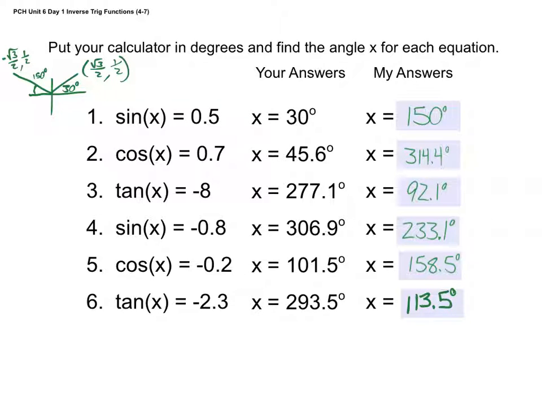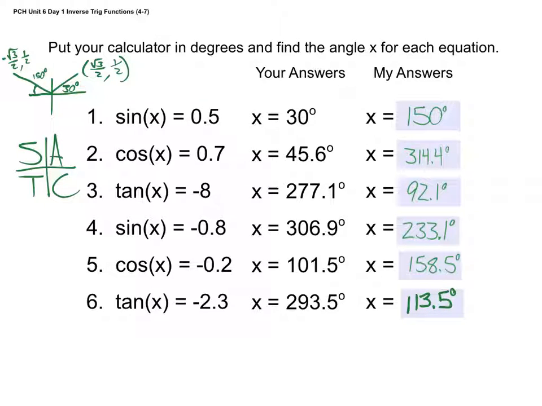And then down here at 210, we had negative root 3 over 2, negative 1/2. And at 330, we had positive root 3 over 2, negative 1/2. Okay? But the thing is here, why did I just do the 150 and not the 210 or the 330? Because those ones were all negative. All students take calculus. There we go. Very good. The thing that we've got to keep in mind is this right here.